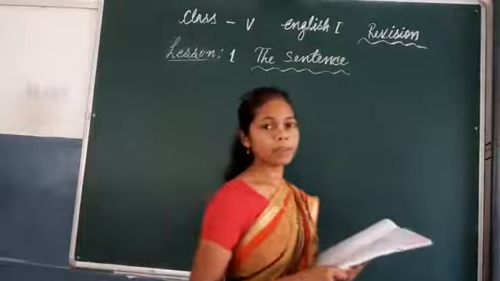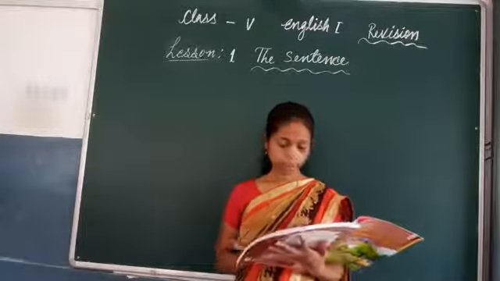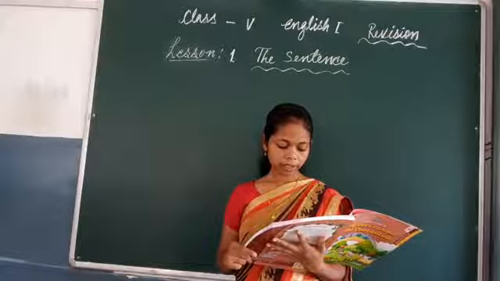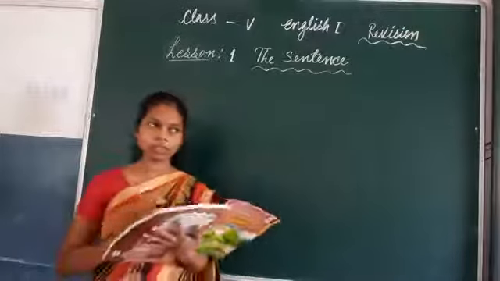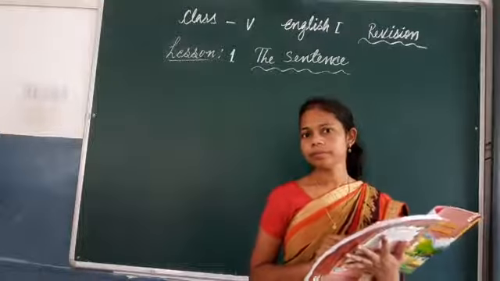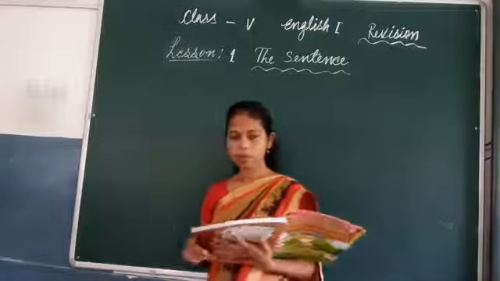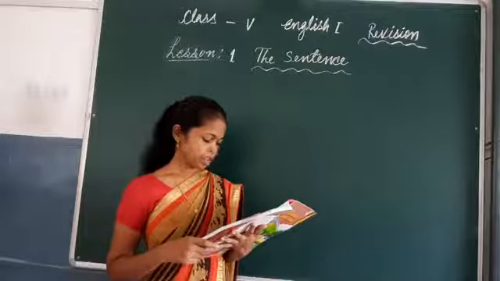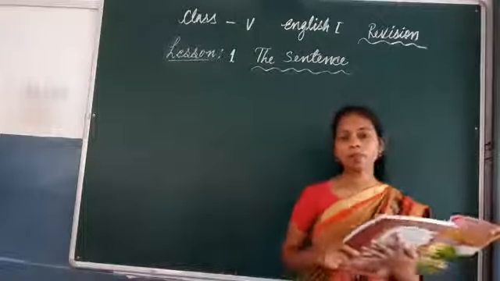This makes complete sense, isn't it? So put a tick mark. Second number, scared cow animal, the is a. This is also a group of words but does not make sense. It is not in proper order. So put a cross mark. Third number, why is she smiling? This is a sentence. It is in proper order.